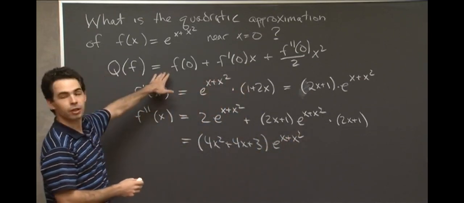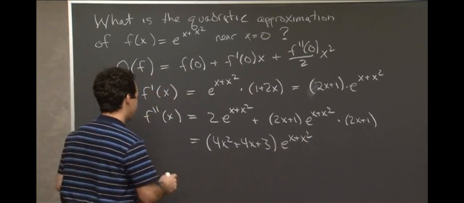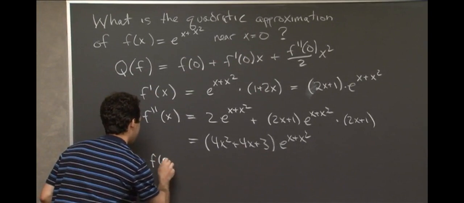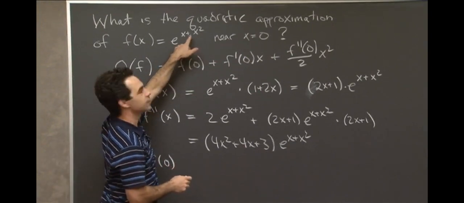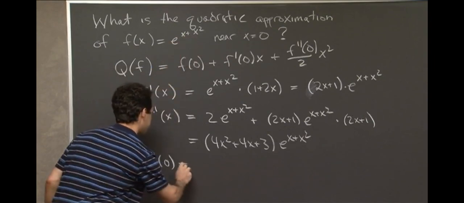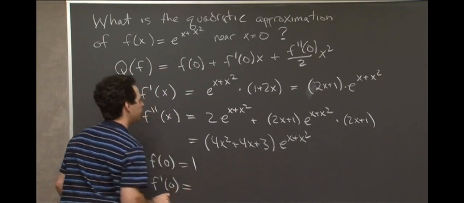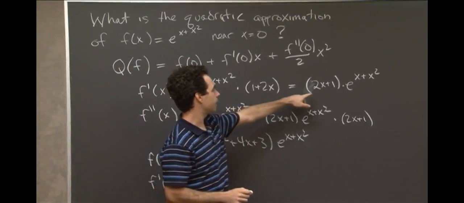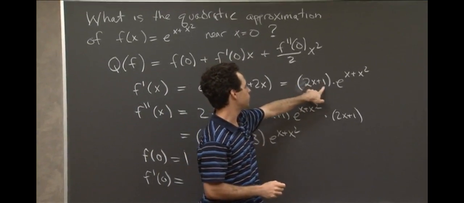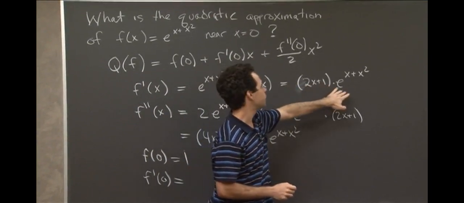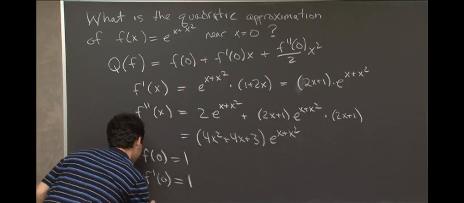What I need to plug into my formula is their values at 0. So f of 0 is e to the 0 plus 0 squared, so it's e to the 0, which is just 1. F prime at 0: I go to my formula for f prime and plug in x equals 0. So I have 2 times 0 plus 1, that's 1, times e to the 0, that's 1 times 1, which is also 1.